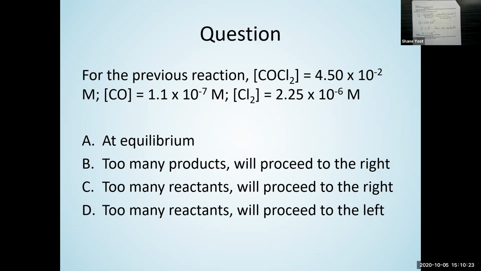That means I got too much stuff in the denominator, not enough stuff in the numerator. So I got to use up some of my reactants to form products. So again, too many reactants. C here. We're going to proceed to the right to form products. And C for this question. Questions about this?